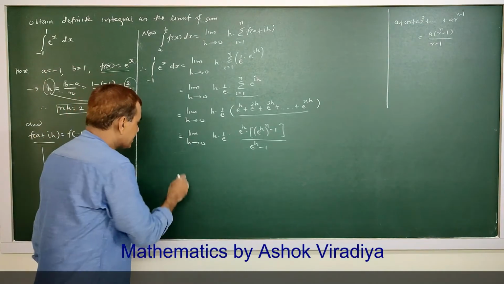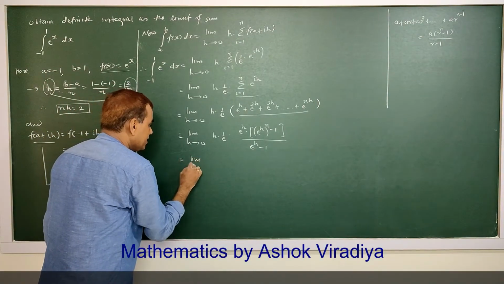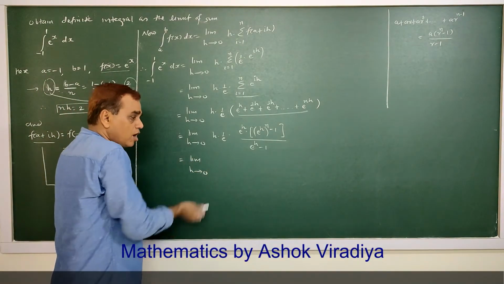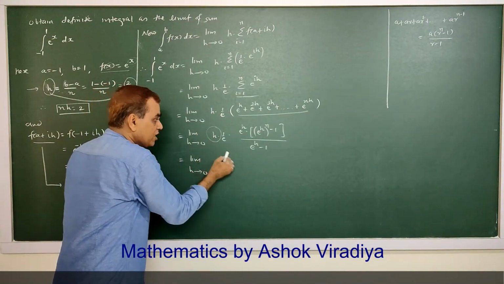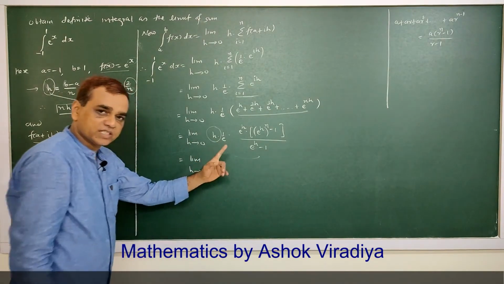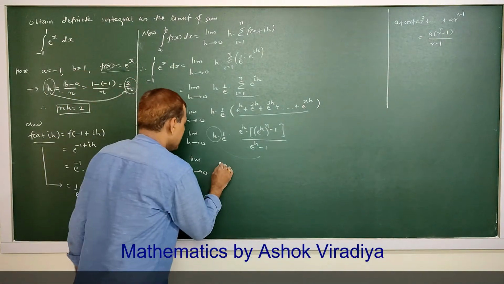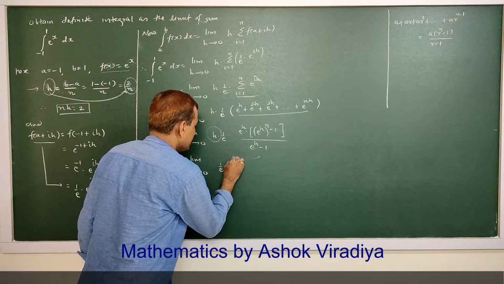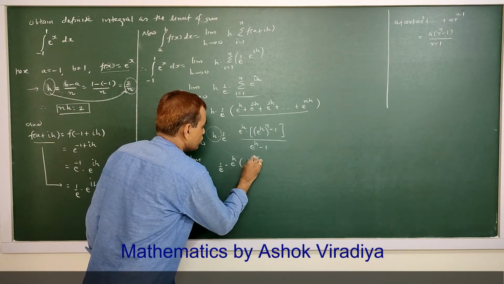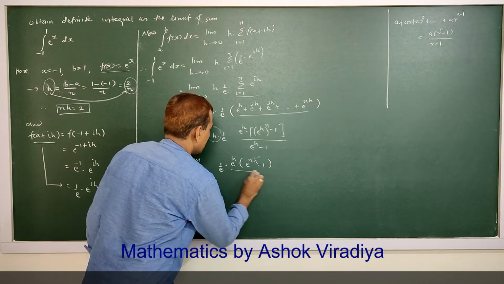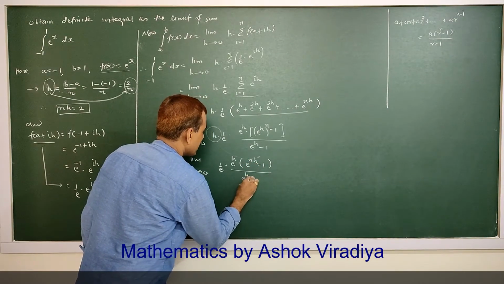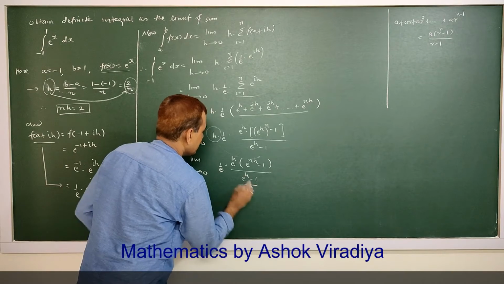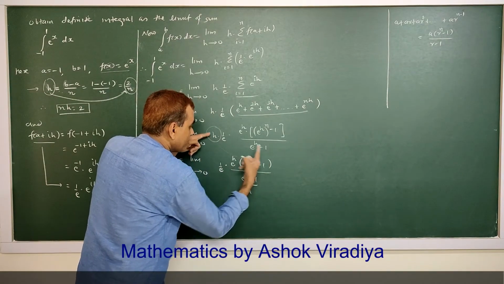What is r? r is e raised to h. Now in the next step, in every such type of question, always shift h into the denominator. Always do this. So 1 by e into e raised to h, (e raised to nh minus 1) upon (e raised to h minus 1) upon h. This h is taken as the denominator of the denominator.